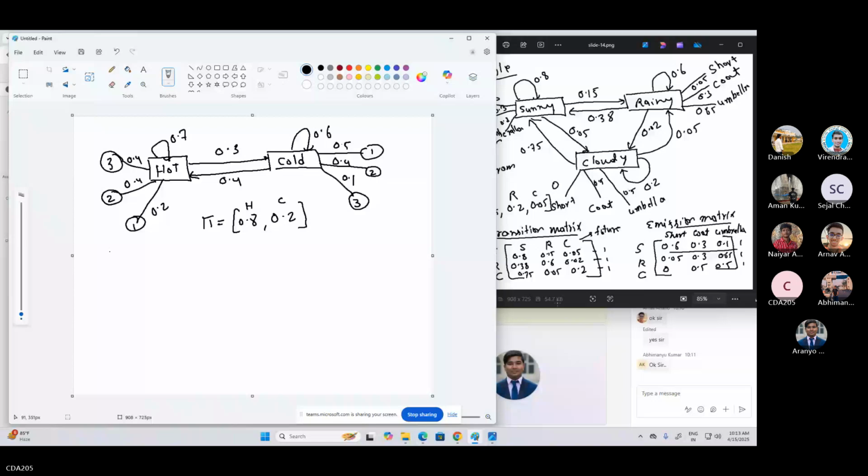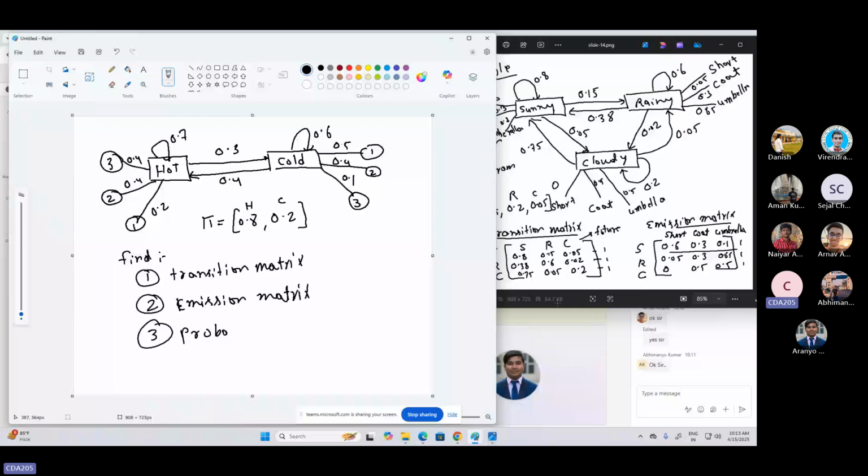Find first the transition matrix, second the emission matrix, third the probability for the following possibilities: hot, cold, hot.